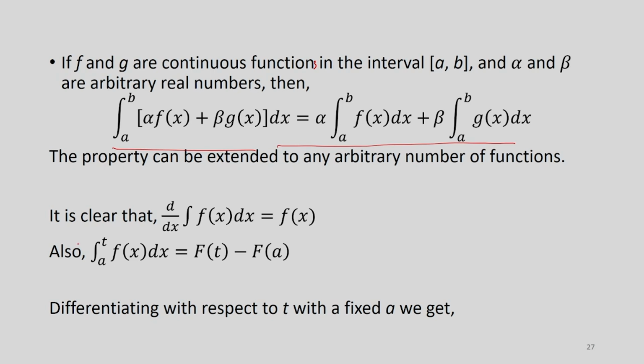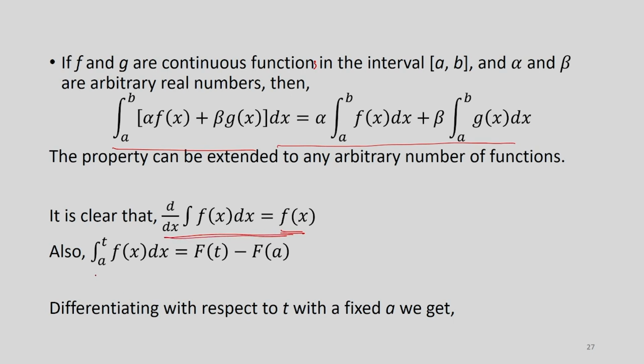Now, it is clear that if I take the derivative of the integral, basically these two things cancel each other because integration is antiderivative. So, if you take the derivative of the antiderivative, these two things are nullifying each other and you are going to get the integrand itself. Okay. So, that is what is being written here.